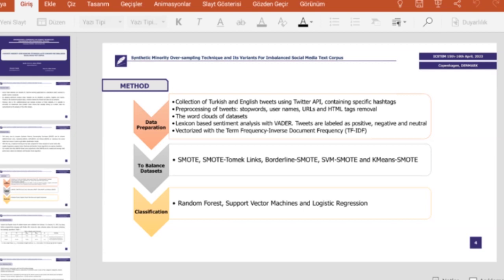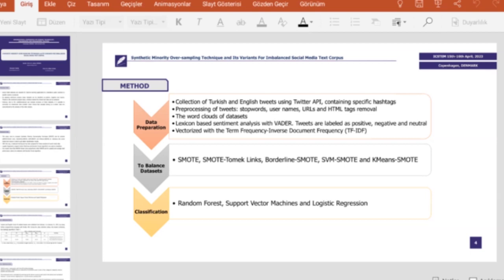We saw that those collections, those data sets, are imbalanced data sets, which means, for example, in the positive class there are many more tweets than in the negative class. That's why, first of all, we wanted to apply oversampling techniques, which are SMOTE Tomek links, Borderline SMOTE, SVM SMOTE, and K-means SMOTE algorithms, and we wanted to compare their performance results on Turkish and English tweets.